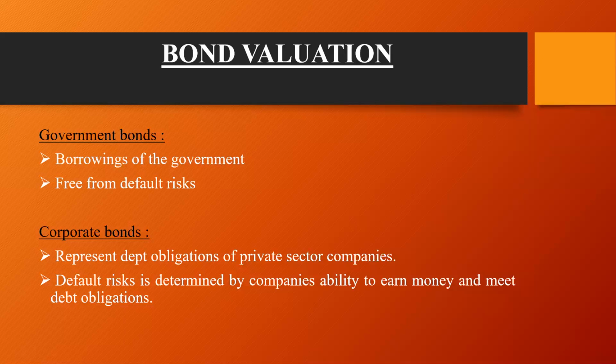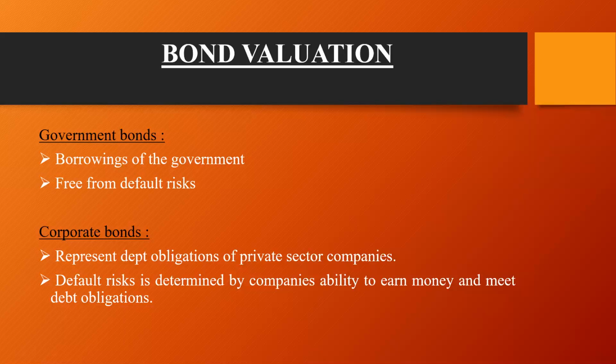There is a possibility of default risk because the happening or non-happening of default risk depends upon the company's ability to earn money. If the company is able to earn money at regular intervals, then they can pay off the debt obligations. If they face a loss or if there is any shortage in funds, then there is a possibility of default risk. There are two types of bonds, government bonds as well as corporate bonds.